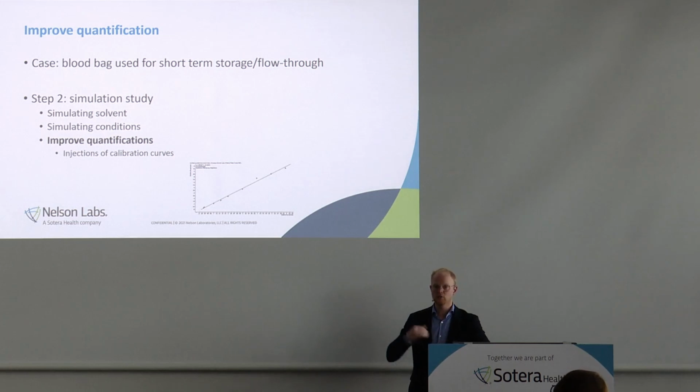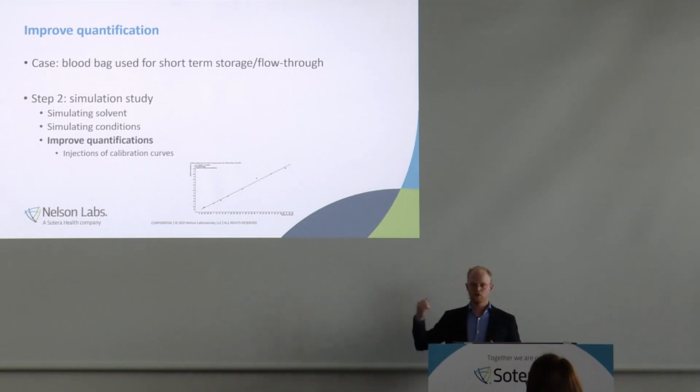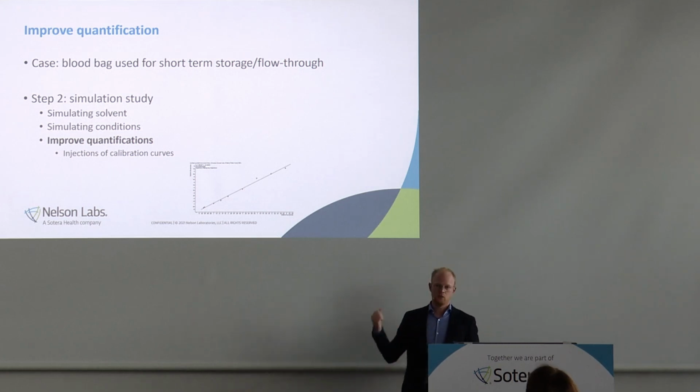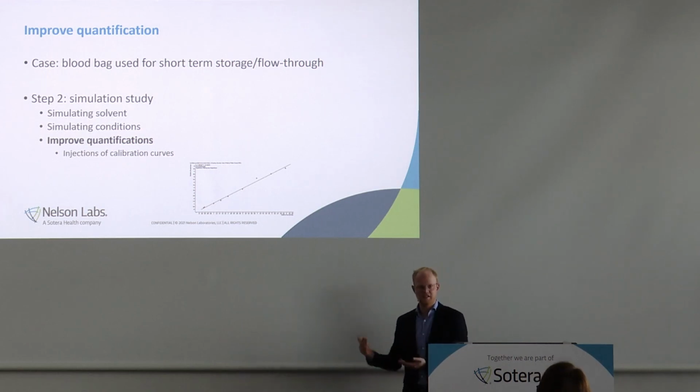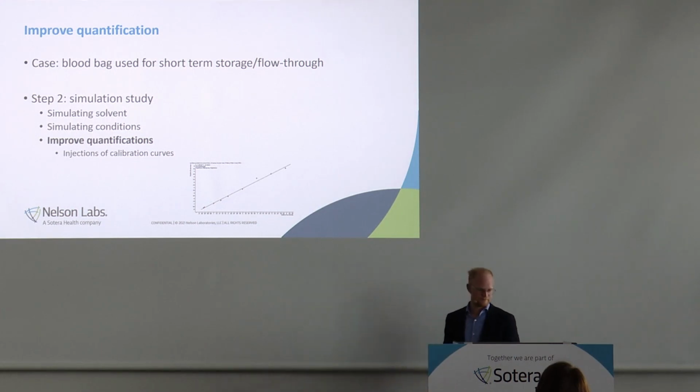For instance, we can include calibration curves, we can work on the responses and investigate everything to improve the quantification and say, okay, before we knew that a concentration was, let's say, 1 milligram in a device. Now we can say, okay, it's not 1 milligram, but it's 0.75 milligram, or it's 1.2. Having better quantifications helps the toxicologist in overcoming potential tricky situations.